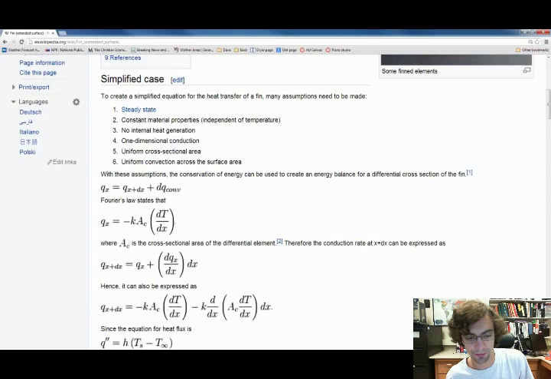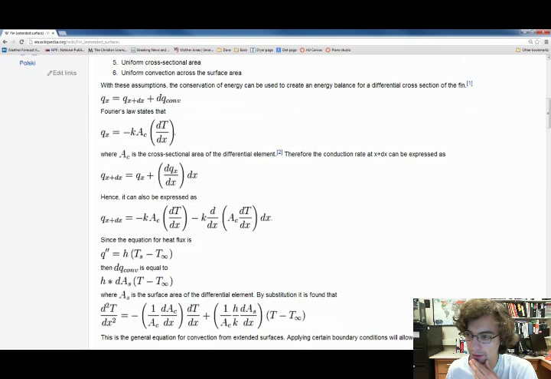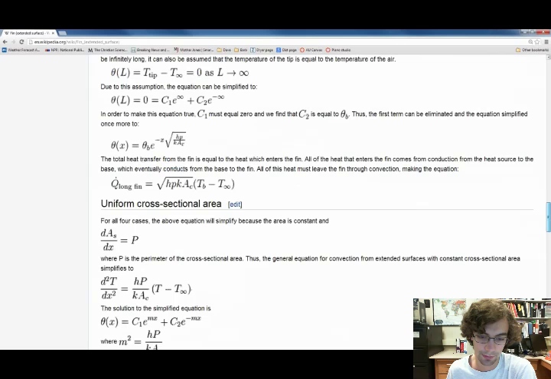So you usually assume that the temperature doesn't depend on R, but still, obviously, convection must be taken into account. So you're basically saying that the temperature with respect to R, for a given X or Z, is everywhere the same, but it's convecting to the ambient.